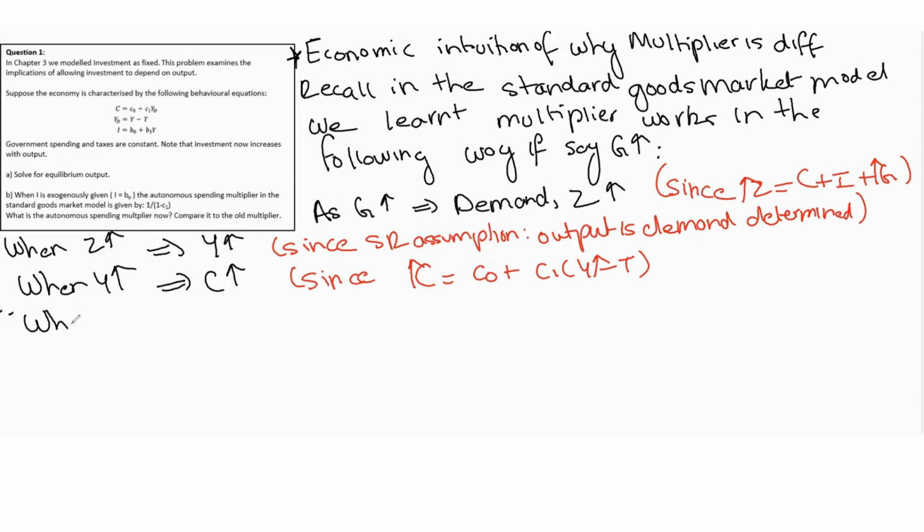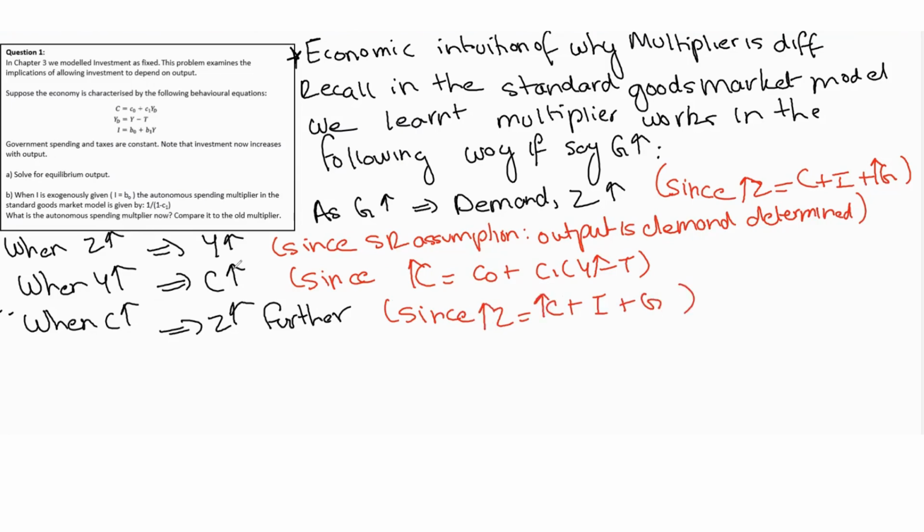So when C increases, Z increases further, because C is also a component of demand. Z is equal to C plus I plus G, if we're looking at a closed economy, so we don't need to write NX here. So when C increases, Z increases further. When Z increases, we know Y increases further.